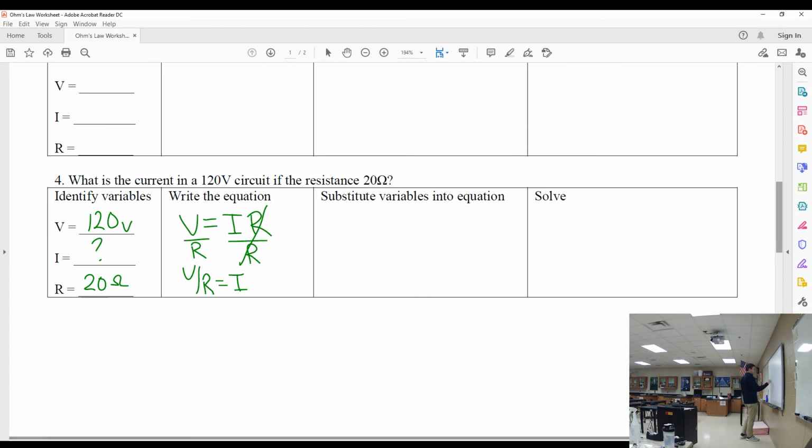Then I will take my 120 volts divided by 20 ohms, and that's equal to my current. And 120 divided by 20 equals 6, and our unit for current is amps.